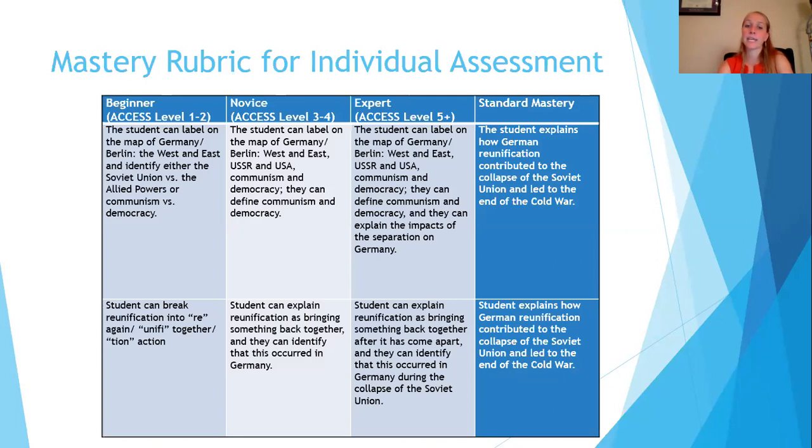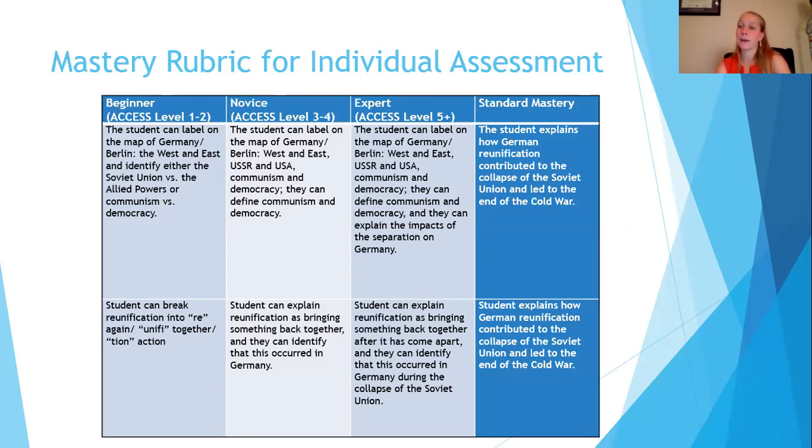For reunification, students at a beginner level should be able to break down the word into reunify and then -tion, which is that action. A novice level, which would be ACCESS levels 3 or 4, would mean students could identify East and West on the maps.